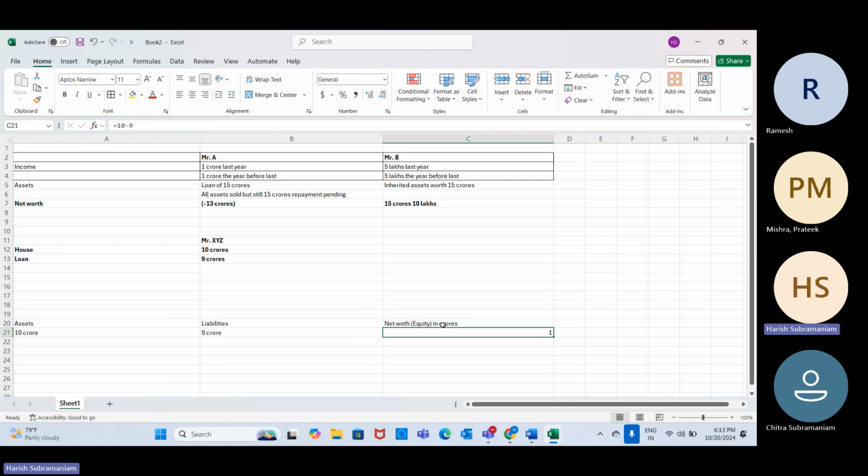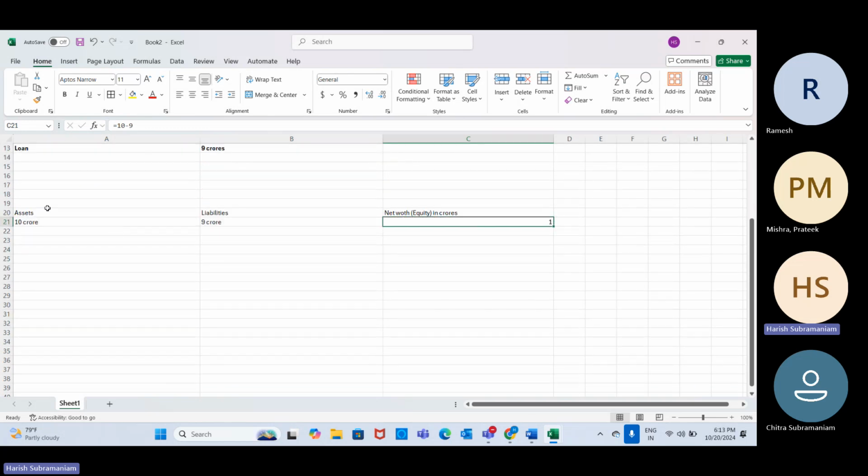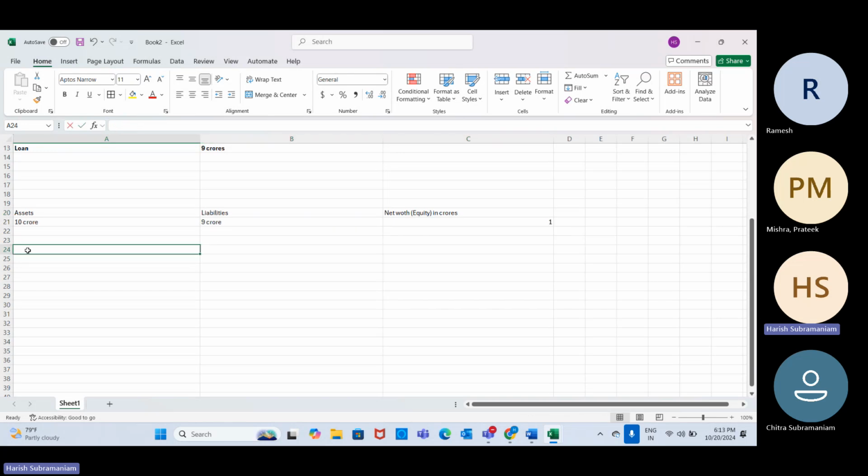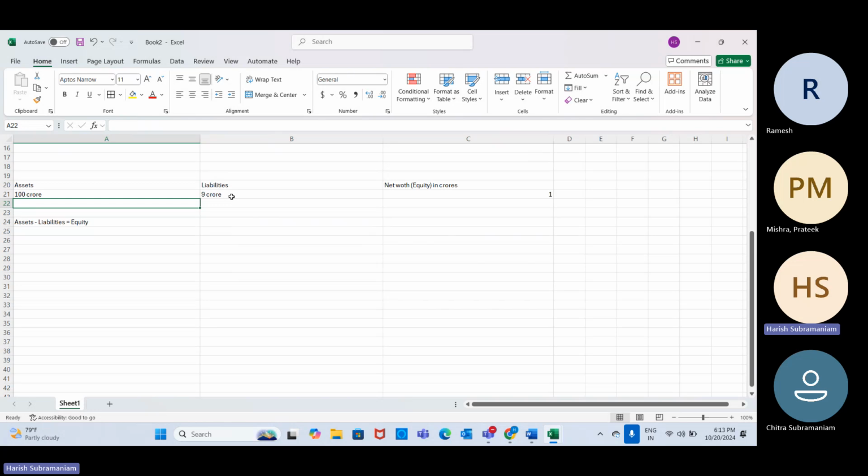Okay. So in any financial statement, when we look at the balance sheet, the fundamental equation that we always have to remember is assets minus liabilities equals equity. And this holds true for a company as well. So if there is a company which has property, plant, equipment, and whatnot for about 100 crore for the purposes of the discussion.